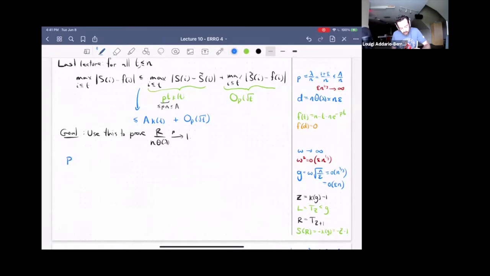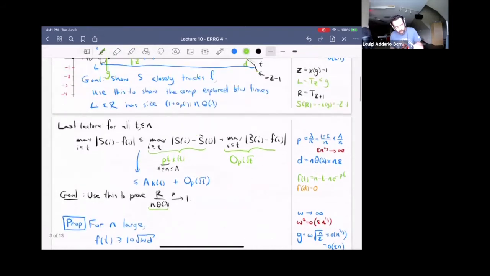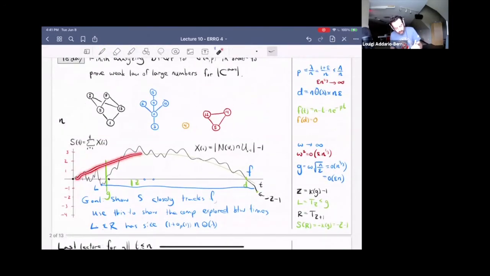Okay, so here's what we're going to use about F. For n large, F of t is much bigger than root d. Right? This is d down here. I'm sorry I have two notations for it, but when I was drawing this picture, having gauche and droite, left and right, made sense to me, but d is the same as n theta lambda.